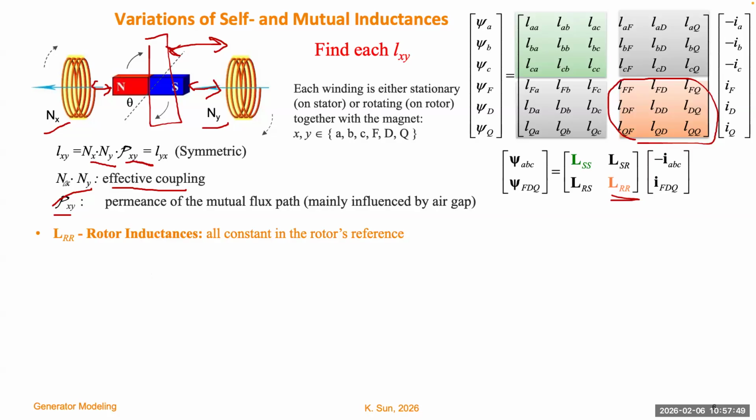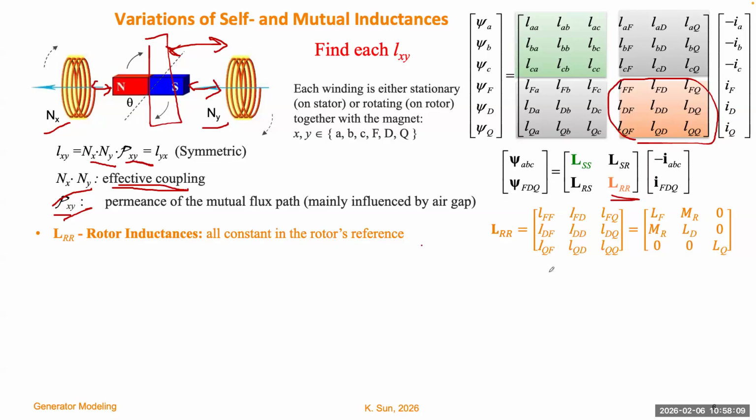The effective coupling is constant because the two rotor windings stay at the same position, change together, and also change with the magnet. So the permeance also doesn't change. They're all constant.